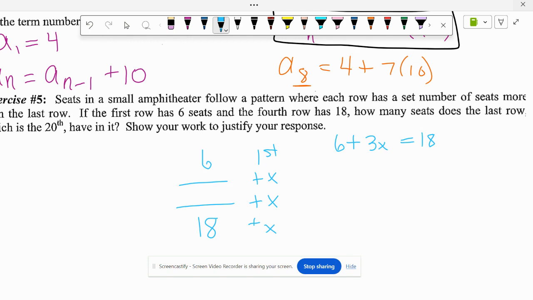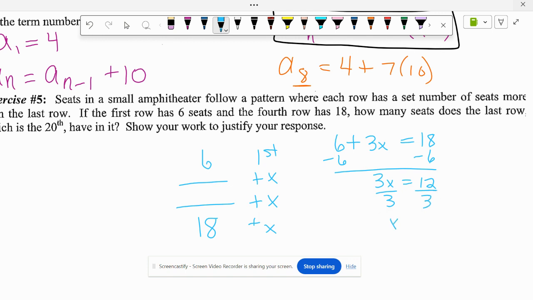So how could I solve this? I'm going to subtract what? 6 from both sides. So 3x equals 12. Divide both sides by 3.